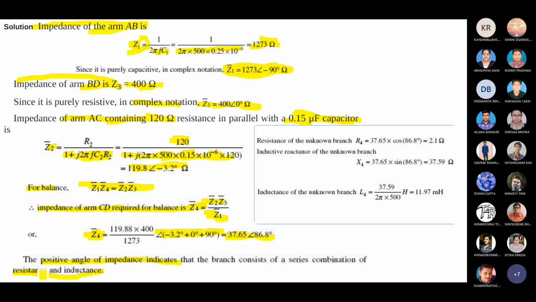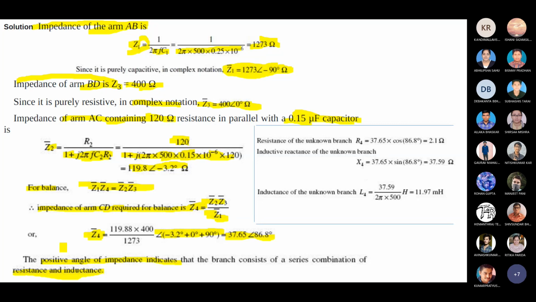So how much resistance and inductance you need to find out. You know that Z equals R plus jX, so mod Z equals the root of R square plus X square.